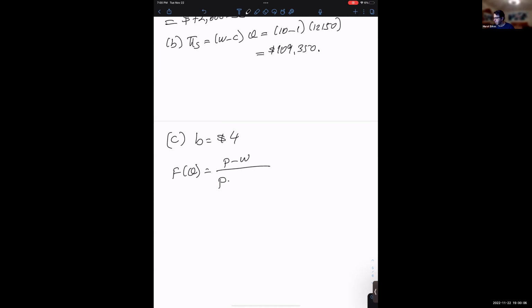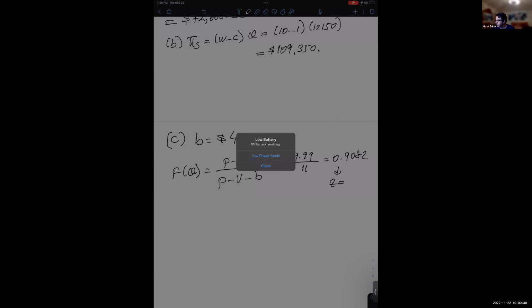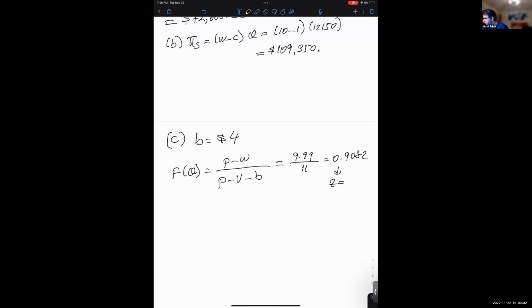But in this case, P minus V minus B, because now there's also, in addition to the salvage value, the buyback, which gives us, when we plug those numbers, $9.99 divided by 11, which is 0.9082, and this will correspond approximately to a Z value of 1.33.